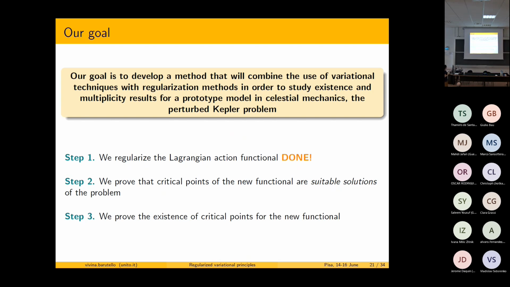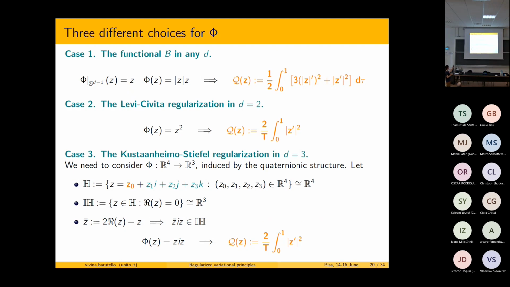So, our goal, as I wrote before, was to develop this method in 3 steps, and now we have done the first one. Okay, because we have regularized the action functional into a new functional B, at least for 2 and 3 dimensions. Also in this case, it's regular, okay?